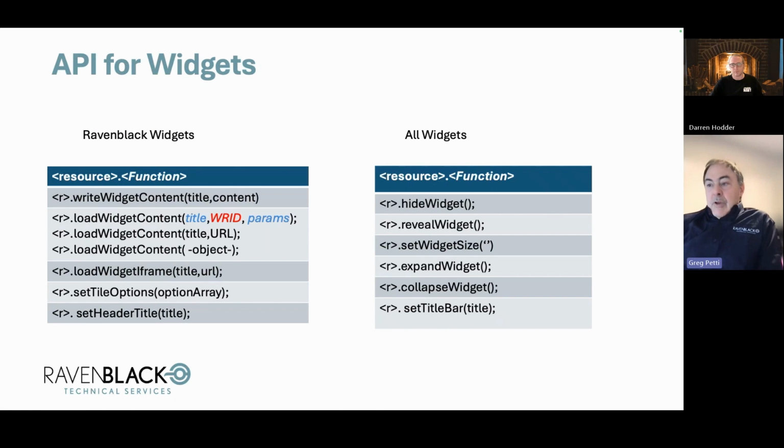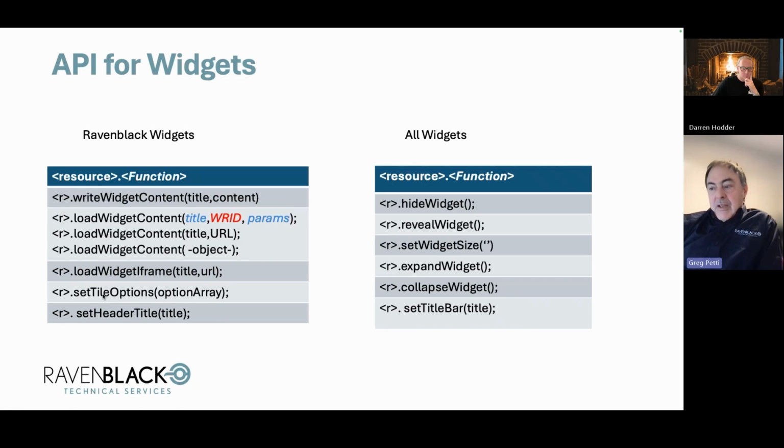Once you have a resource, these are all, or not all, but several of the functions you can use on that widget, whether it's literally writing text content, which is what I was doing in my demos, or actually loading a web report into the widget, or using a URL, loading an iframe into a particular widget, for web pages or things that warrant an iframe.